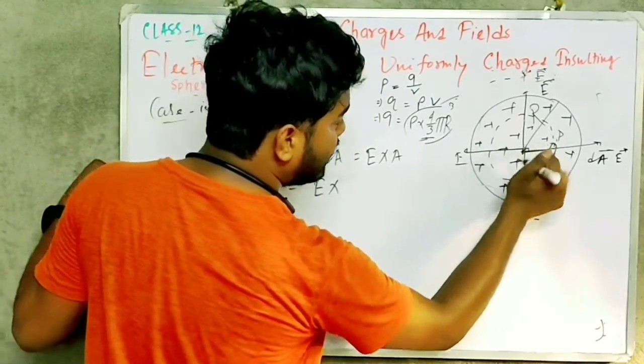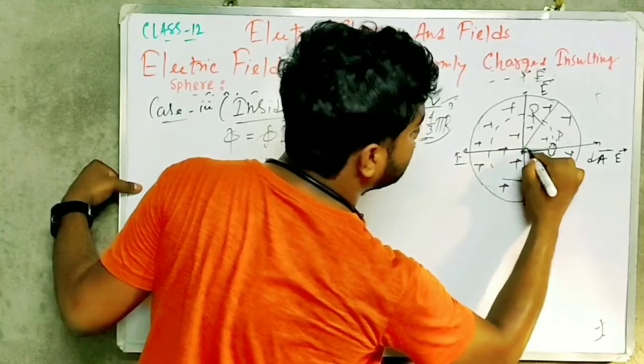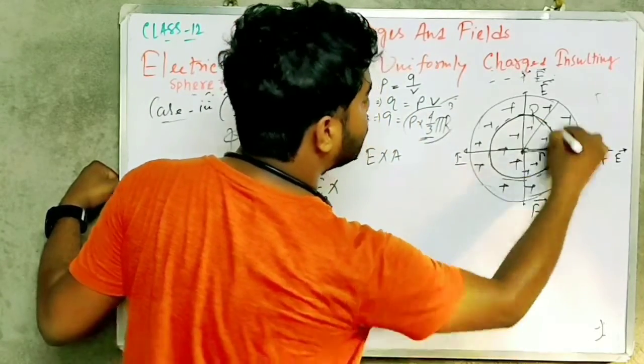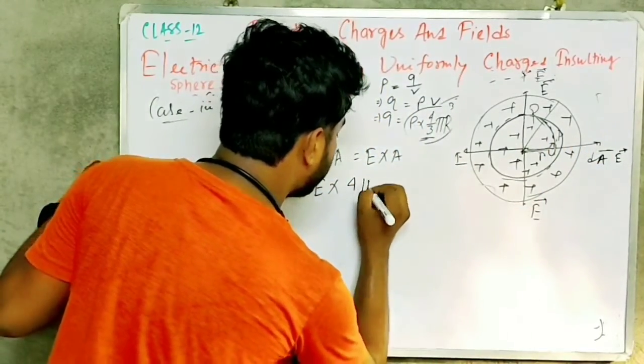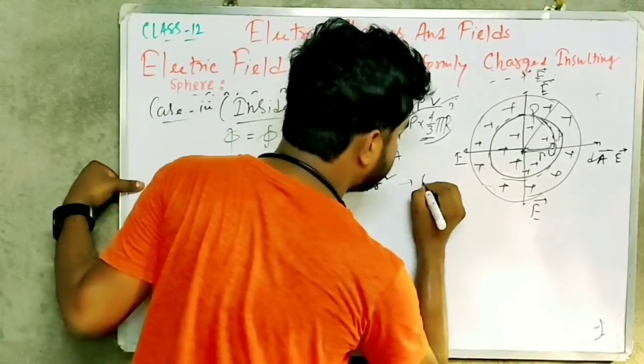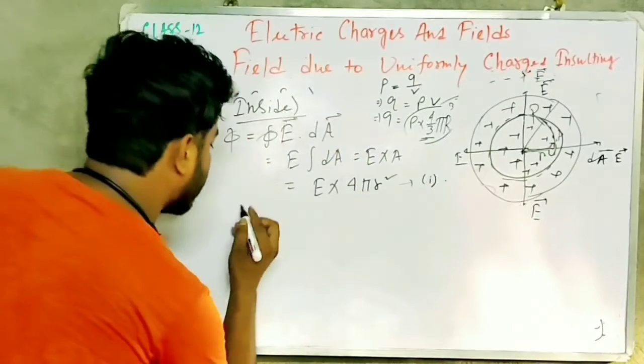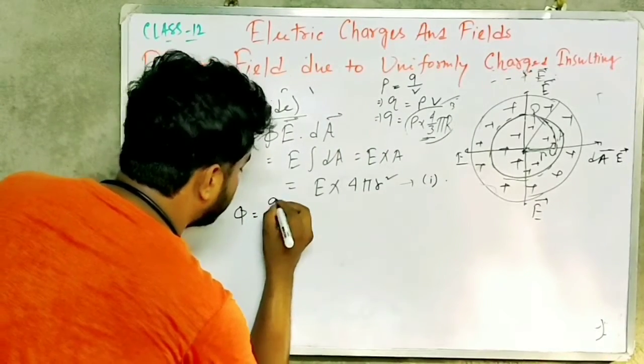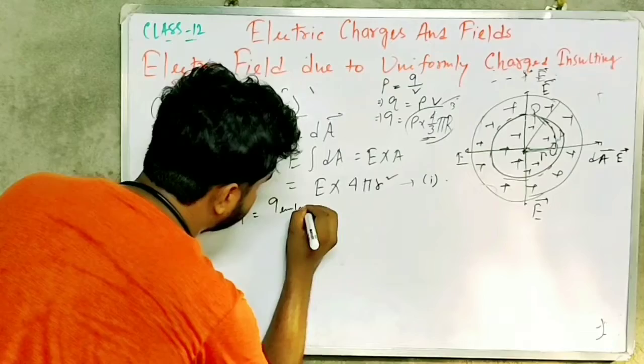The Gaussian surface radius is smaller, so the area of this Gaussian surface will be 4 pi small r square. Okay, this is equation 1.